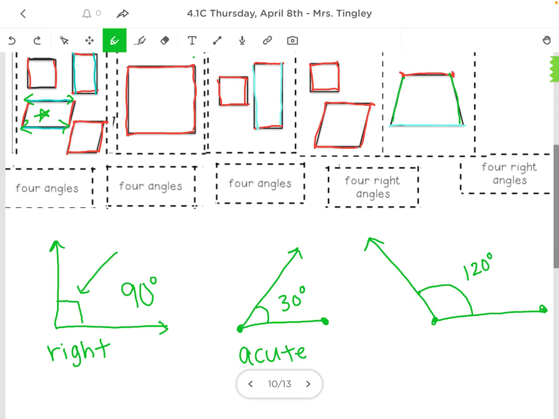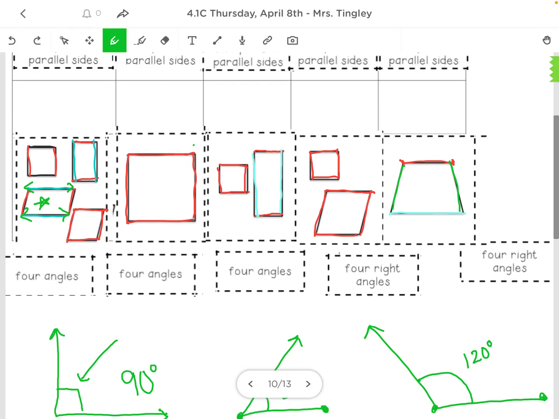Maybe this angle is 120 degrees. If it goes all the way flat, that would be 180 degrees. So an obtuse angle can't be any larger than 180 degrees. Or I guess that would be a line, so 179 degrees. Obtuse.